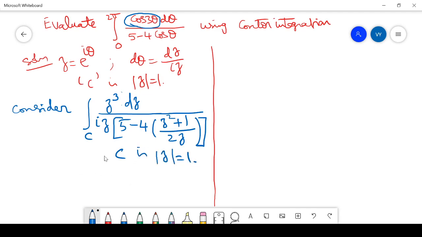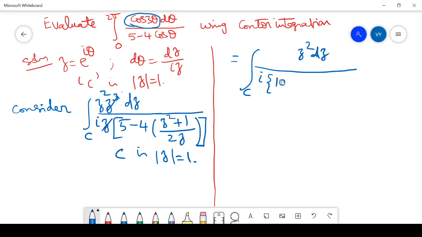When I simplify, the z squared and z cube get cancelled, giving you z squared in the numerator, and I will have the integral over C of z squared dz by z into 10z minus 4z squared minus 4, and this 2z will go to the numerator.